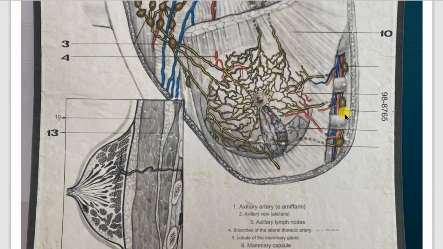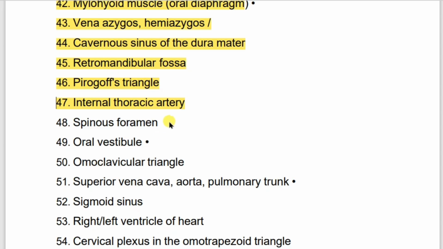It has a width of 1 to 2 millimeters. It travels downward on the inside of the rib cage, approximately 1 centimeter from the sides of the sternum, and it is medial to the nipple, as you can see here. It lies medially. So the next structure we have here is the spinous foramen.